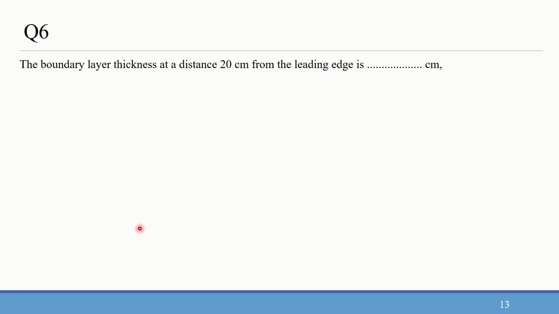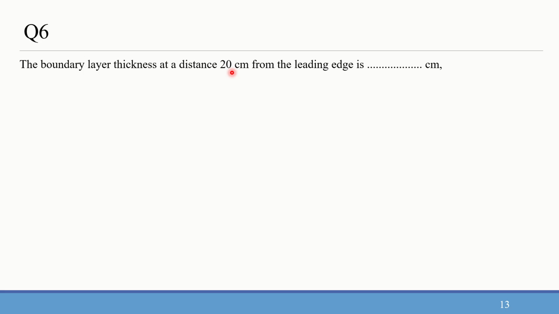Moving on to question 6, what we have is the boundary layer thickness at a distance 20 centimeter from the leading edge is dash centimeter. So now we are asked to find the boundary layer thickness at a distance of 20 centimeter from the leading edge. So we have to calculate it similar to the first problem which we did.